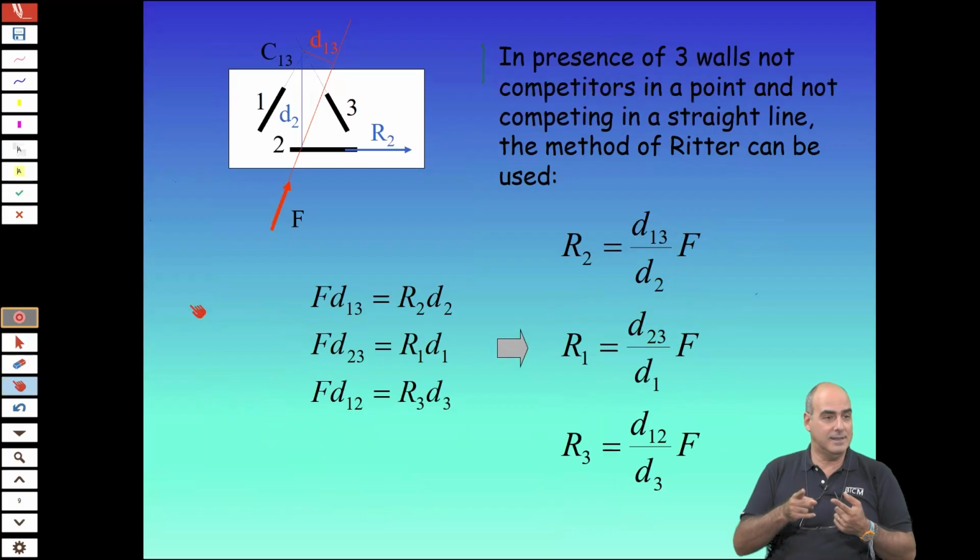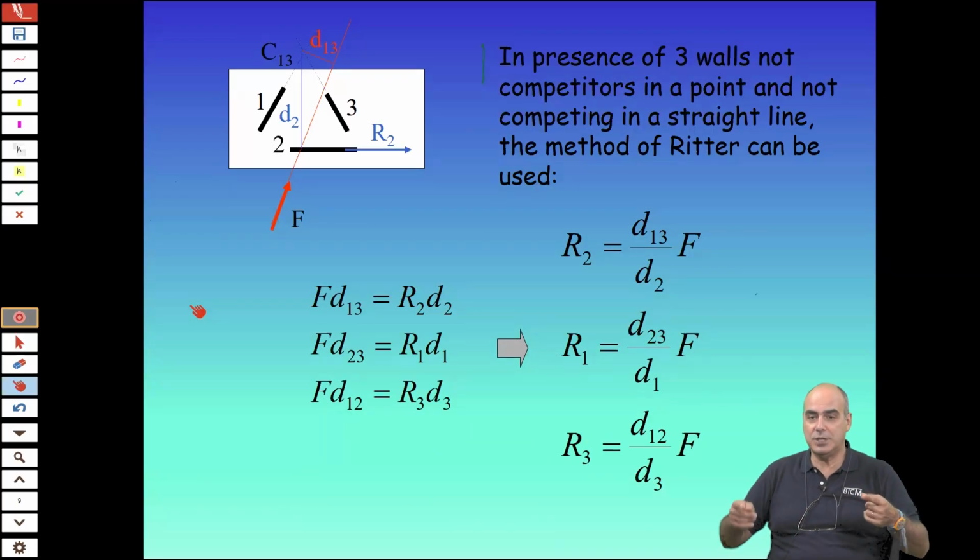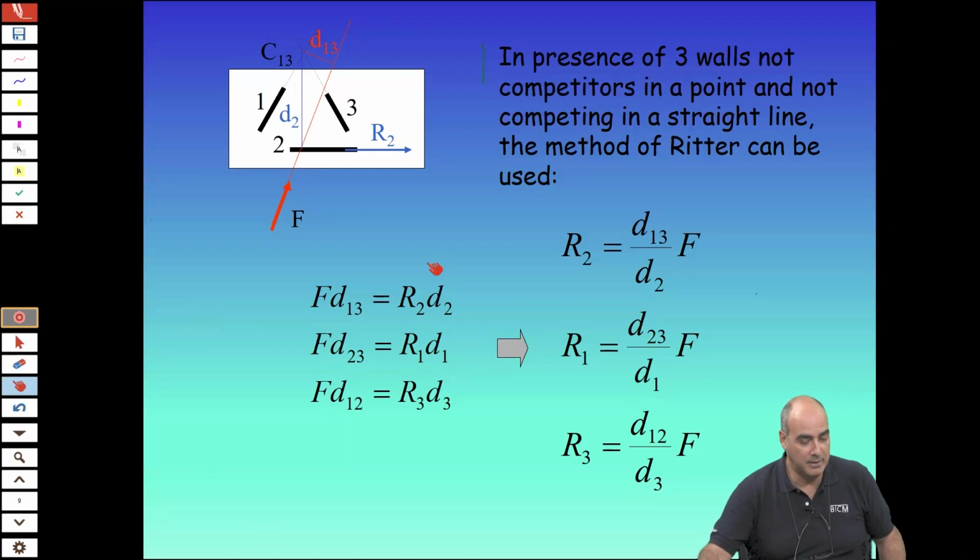We write one moment equilibrium equation at a time, in such a way that each time we eliminate one contribution. For example, if you write the moment equilibrium equation with respect to the point where these two walls meet, the force here and the force here disappear.